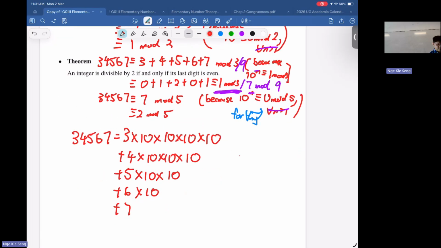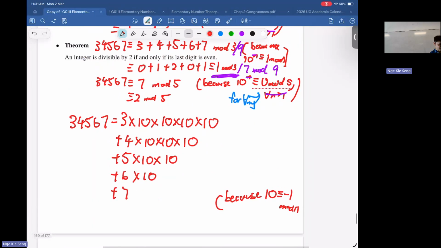Note that 10 is just minus 1 mod 11. So I can replace this 10 by minus 1.